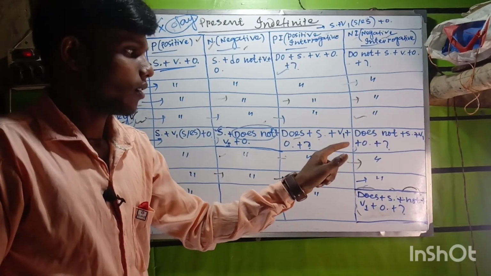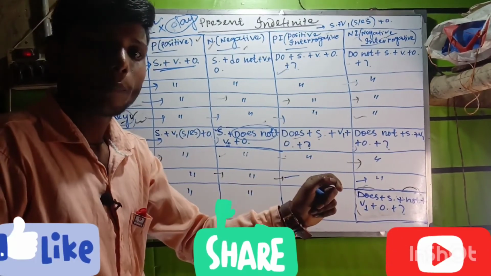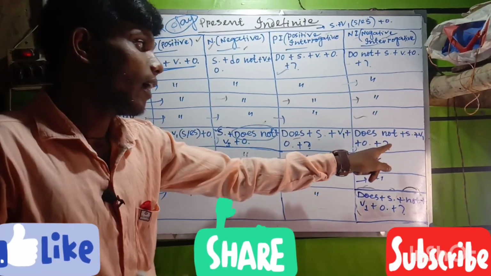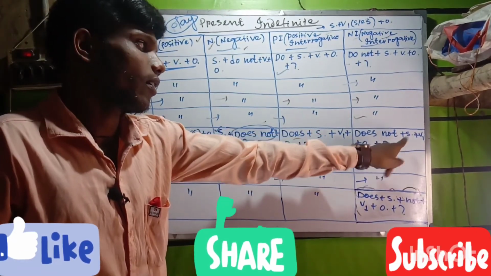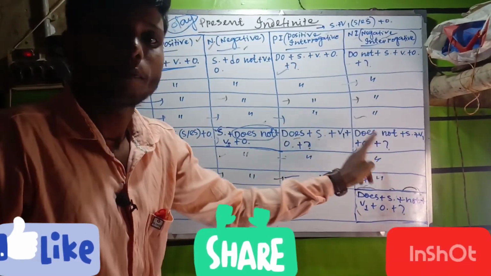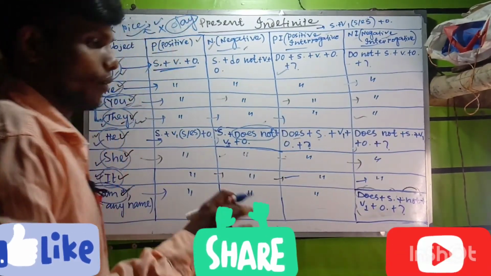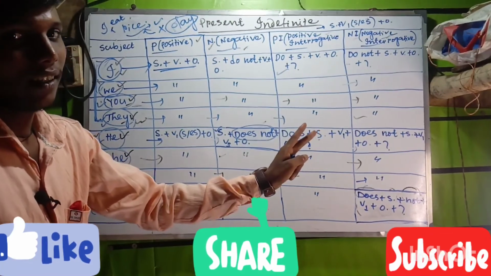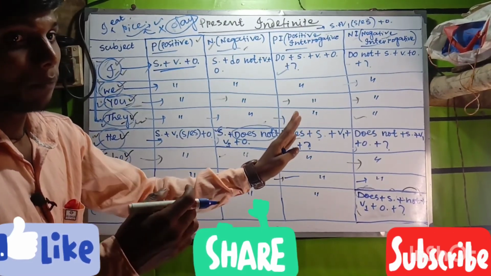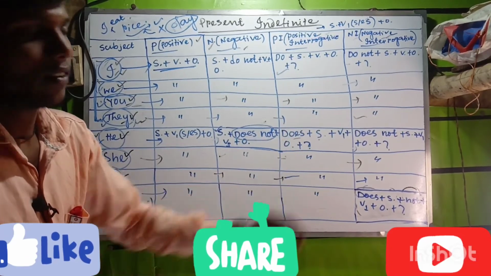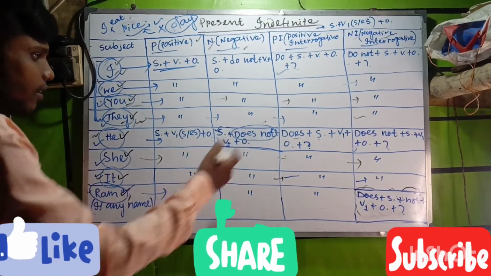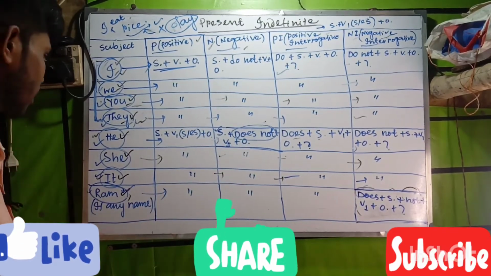Or does not he play? If I extend this sentence, doesn't he play football? Doesn't he play table tennis? Mind it, doesn't he play cricket? Etc. And she also like that, the above structure.